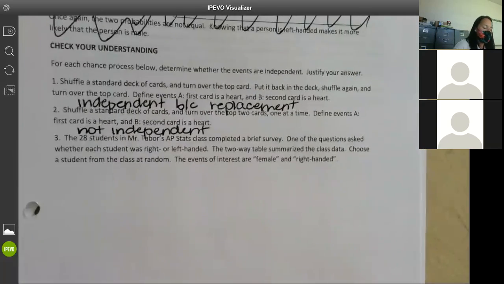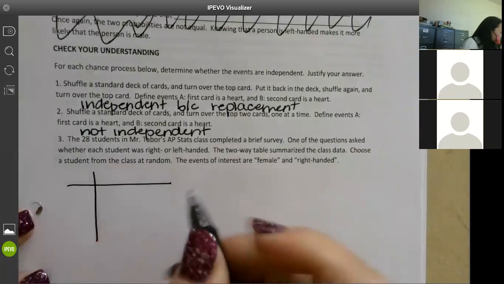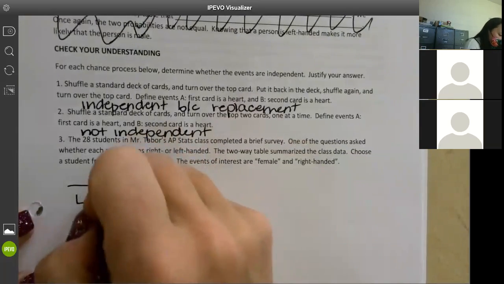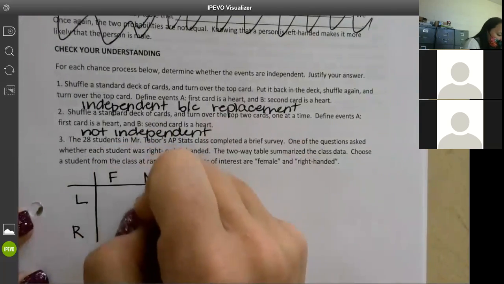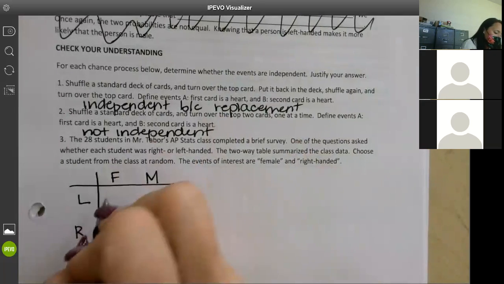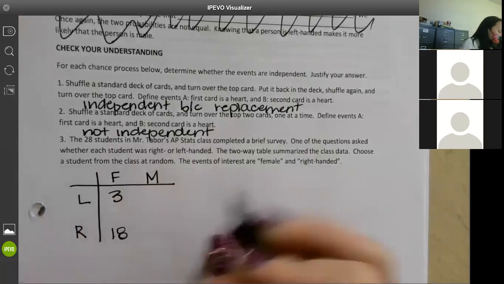So let me give you those. Here's your little chart. We had left-handed and right-handed, female and male. They gave this to you. It's not like you had to come up with this. They handed this to you, but I didn't put it in there. Left-handed and female are 3, right-handed and female are 18.